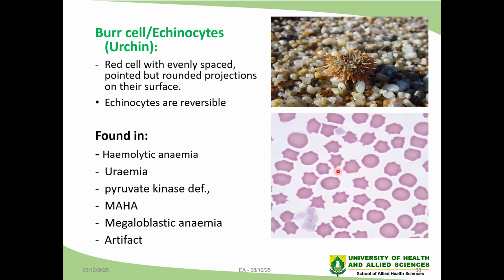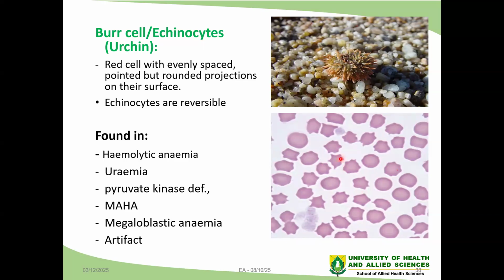However, this particular condition is reversible. We say that there is no smoke without fire. Whatever is causing the red cell to assume this abnormal shape, once it is fixed or solved, we will have this phenomenon disappearing from the blood film.